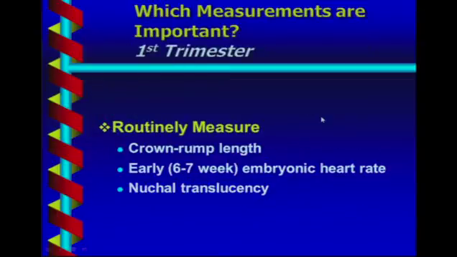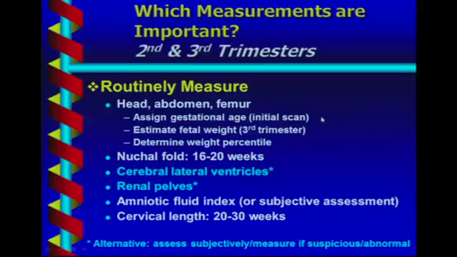So to summarize, which measurements are important? Routinely measure the crown rump length, the early embryonic heart rate at 6 to 7 weeks, and the nuchal translucency. In the second and third trimester, we routinely measure the head, abdomen, and femur.